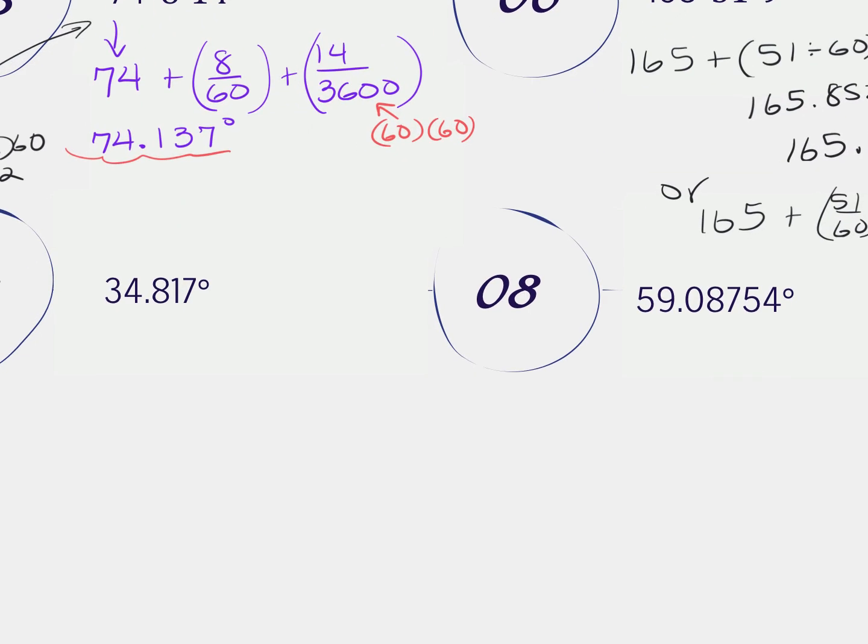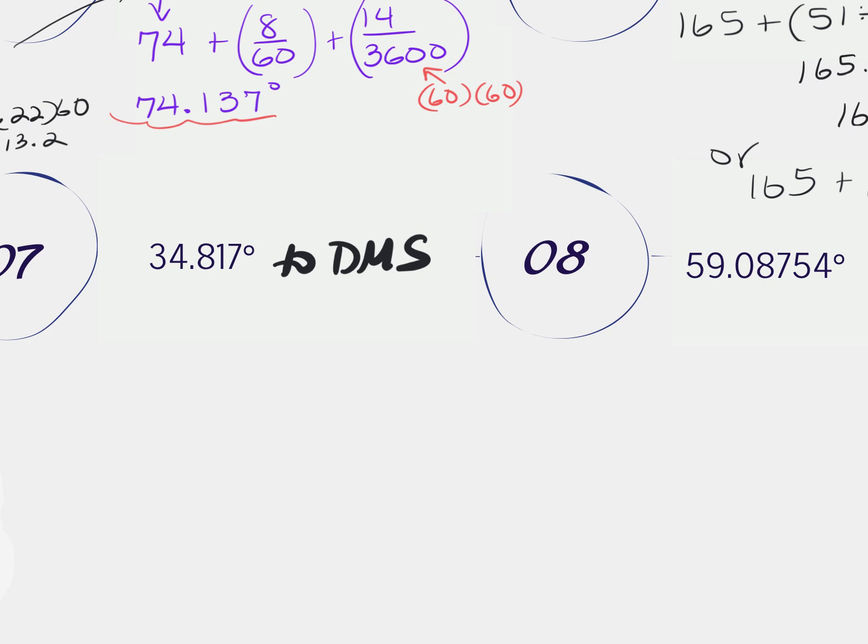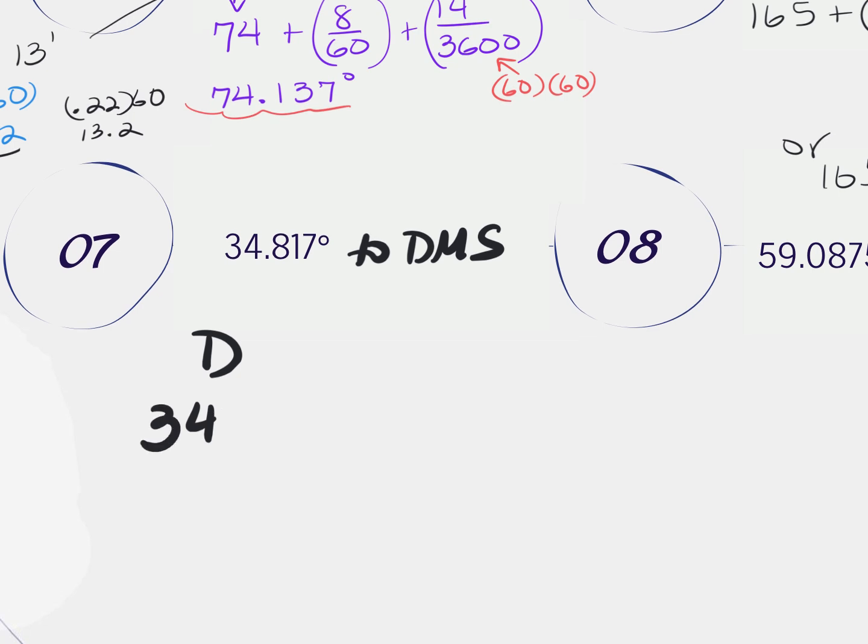Now we have the decimal degree, and now let's convert it to degrees, minutes, seconds. So again, the 34, the whole number part, that becomes my degree. I take the decimal portion, the 0.817.